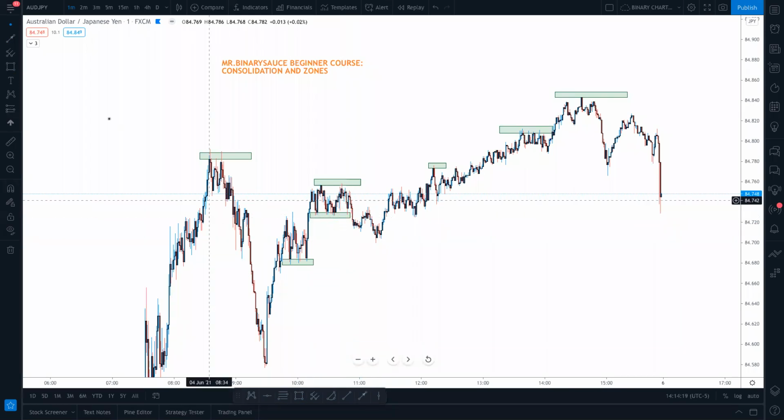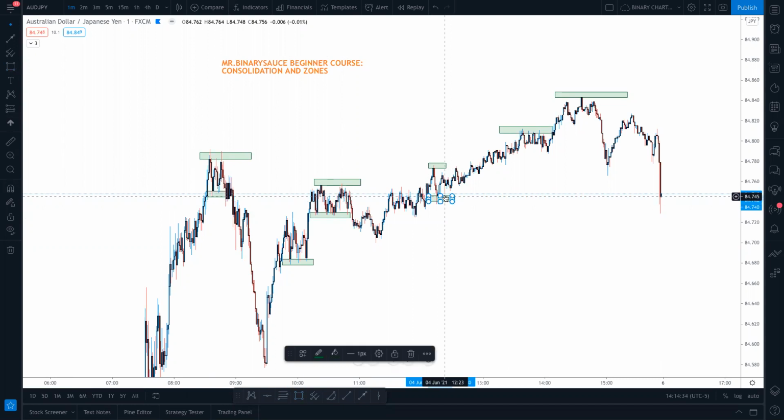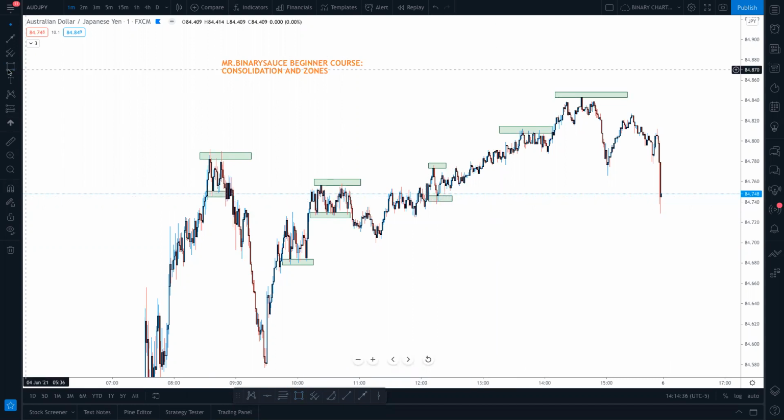And I drew it there on that lower low. We're going to try to sandwich in price with our rectangular boxes. And I'm going to explain why here in a second. But let's just keep drawing our boxes right towards the candle bodies so we can get these zones in place.